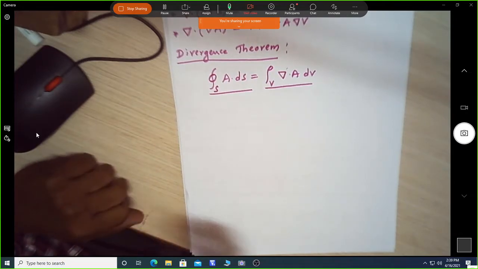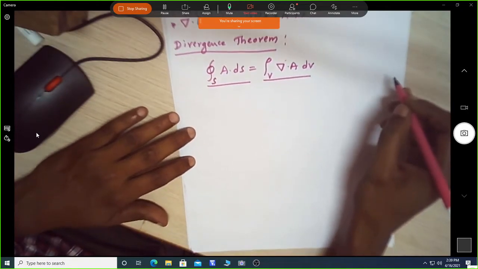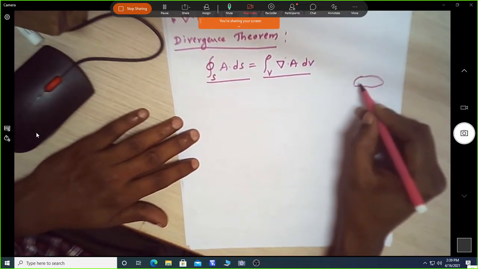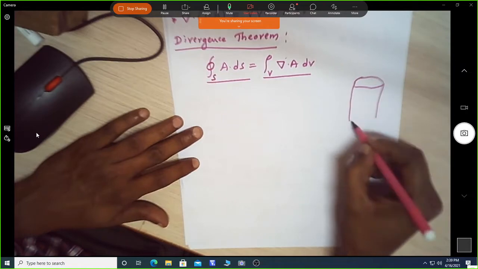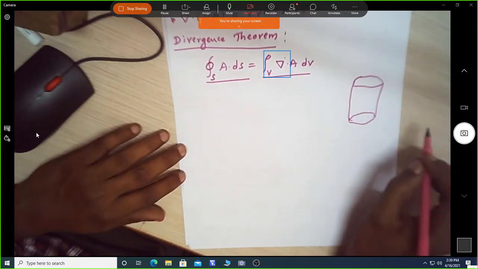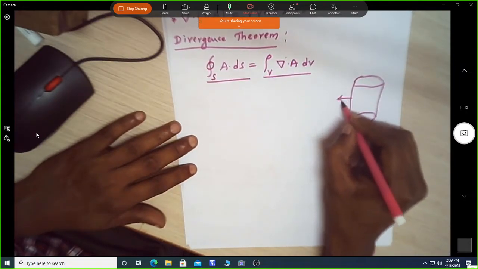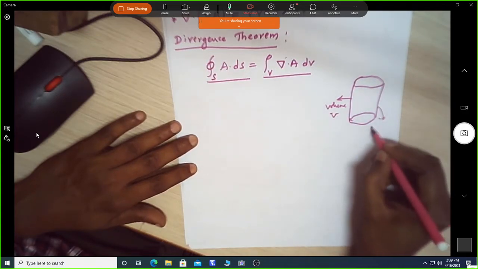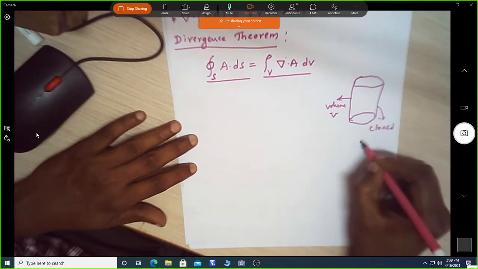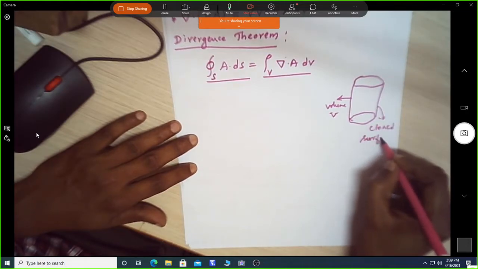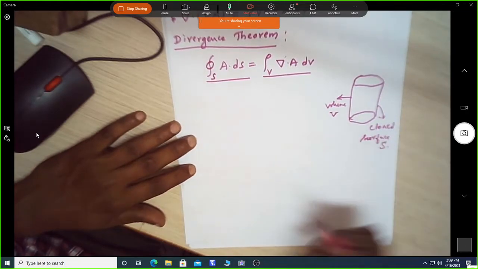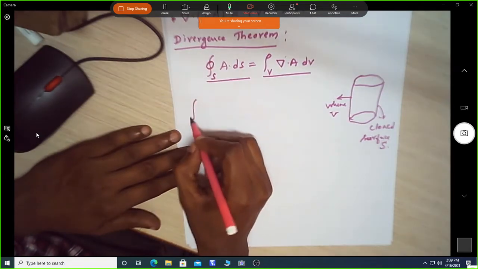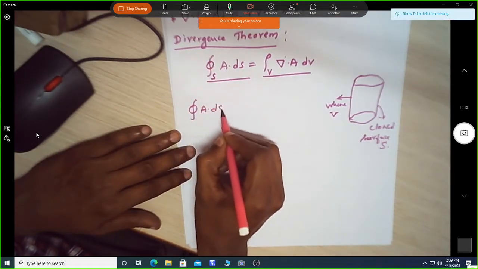Now, in order to prove this, I take the closed surface, which encloses a volume V, so we write it as closed surface S. Now I define the closed integral of A dot ds.